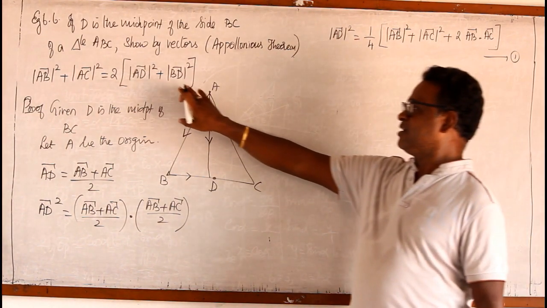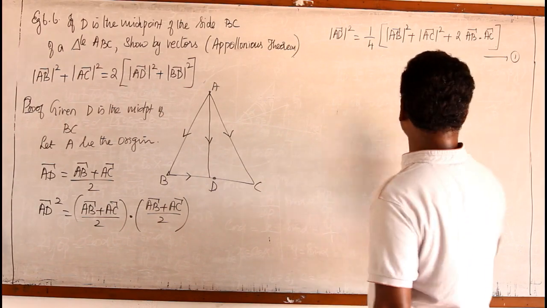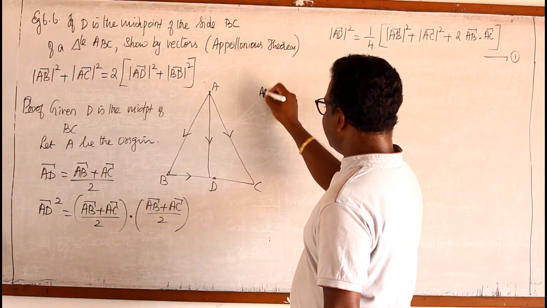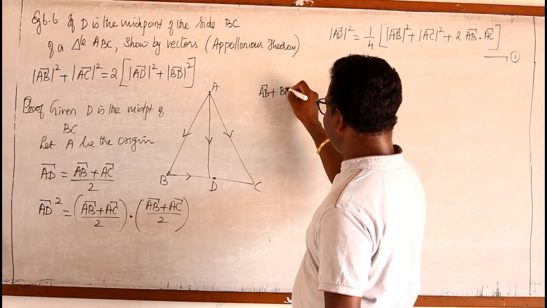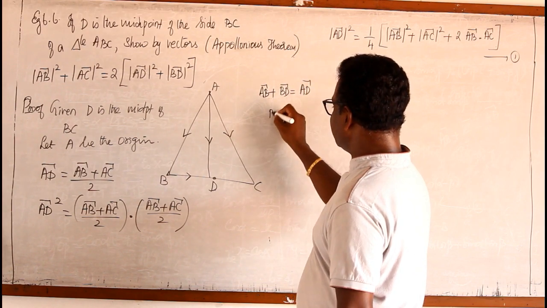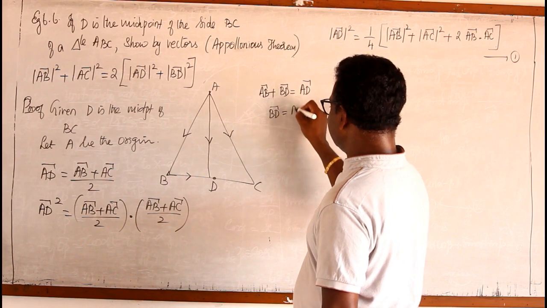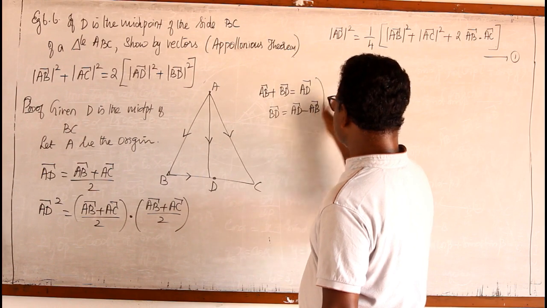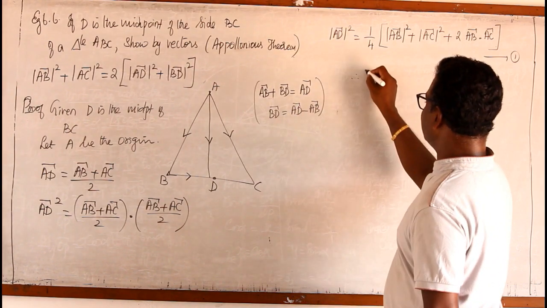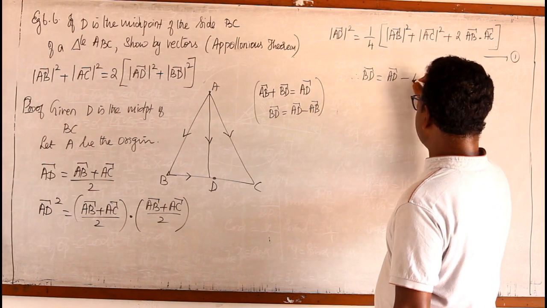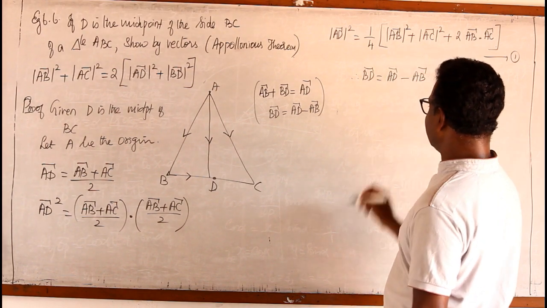So let me go for BD square. See, in triangle ABD, shall I write AB vector plus BD vector equal to AD vector? From this, what is BD vector? It is AD vector minus AB vector, isn't it? So, straightaway, BD vector equals AD vector minus AB vector.